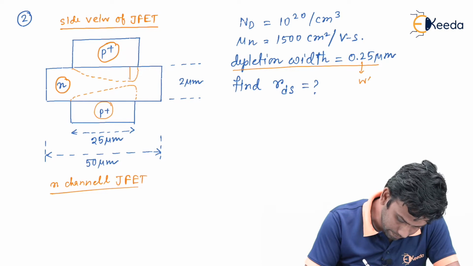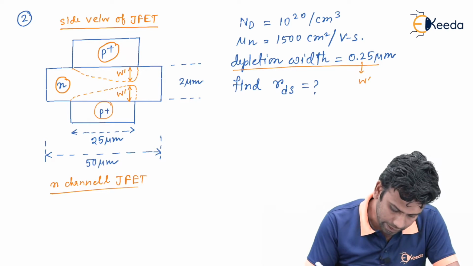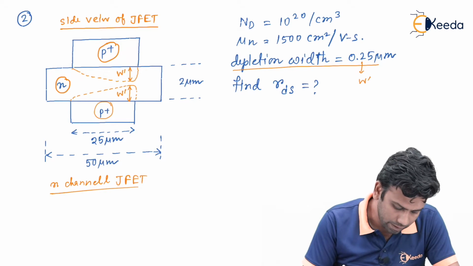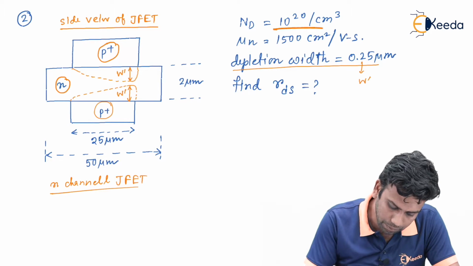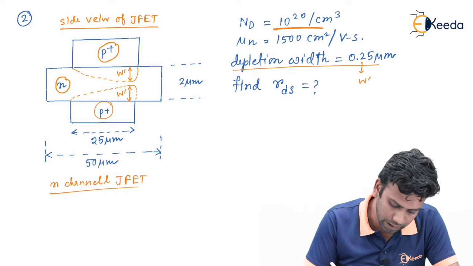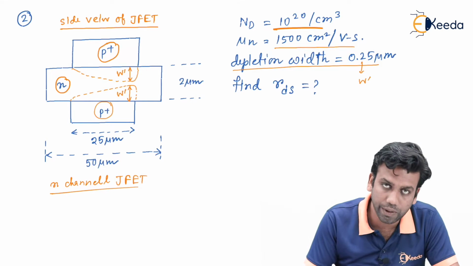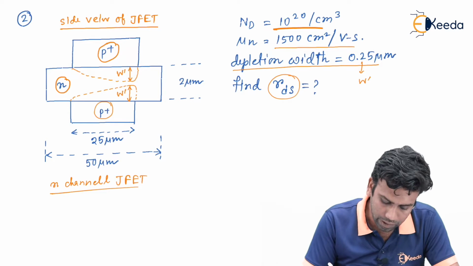This is W dash, and this is also W dash, and W dash is given as 0.25 micrometer. The doping concentration of the N channel is 10 to the power 20 per cc, and the mobility of the electron in the channel is 1500 centimeter square per volt second. Then we have to find the value of the drain to source resistance.